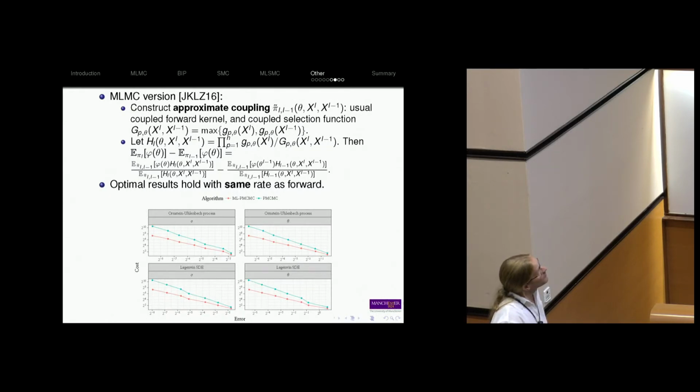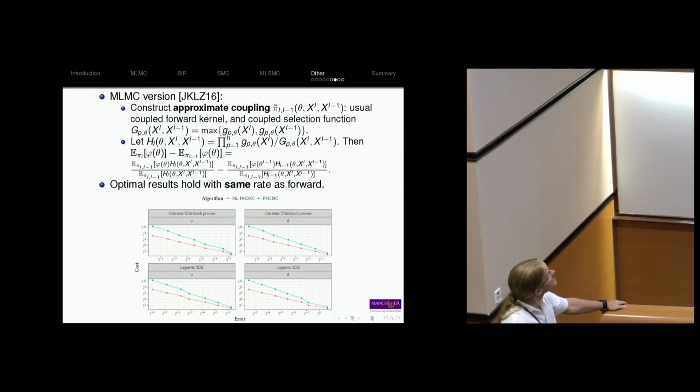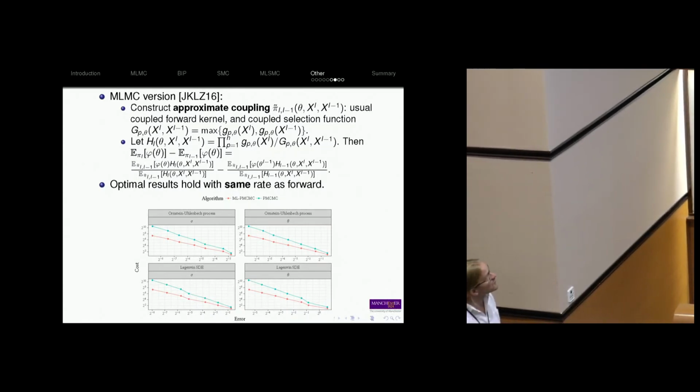But then we have this selection or resampling that we need to deal with again. So with an approximate coupling strategy, we say, okay, let's define this new coupled selection function. Here we define that to be the maximum of the selection function evaluated at the coarse and fine.